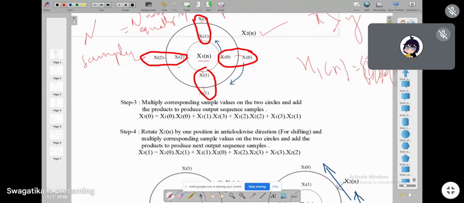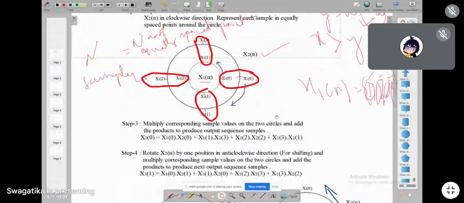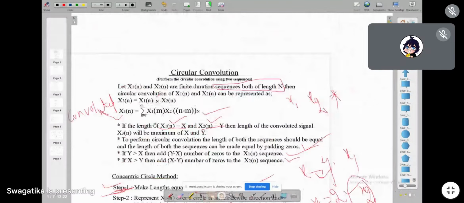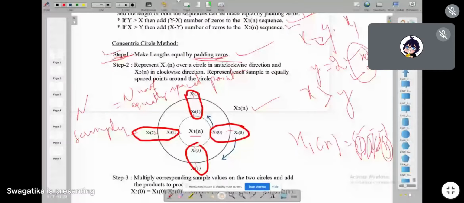Yes, ma'am. Now, as the summation is involved, after the multiplication you have to add those values.